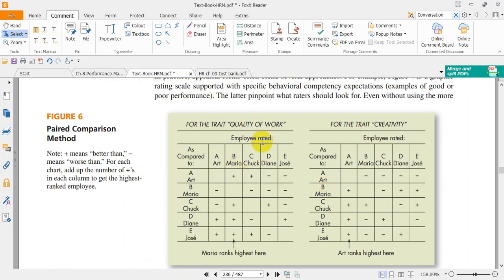For the trait quality of work: A. Art, B. Maria, C. Chuck, Diana, and Jules. And here the pluses.